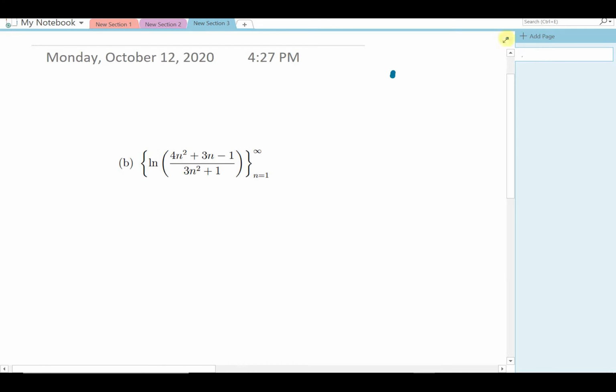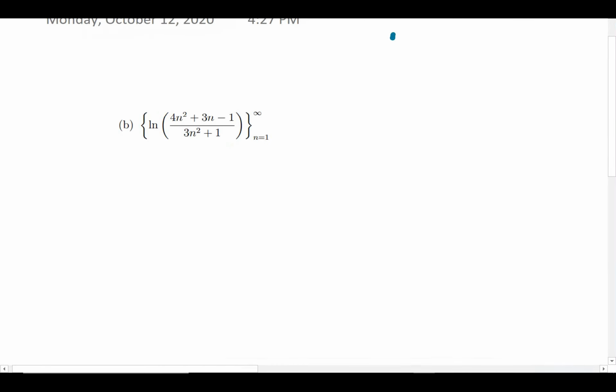So for this next problem, the last problem, we have S of n as a function of ln. We're not going to focus on ln right now. We're going to focus on what's in between here.